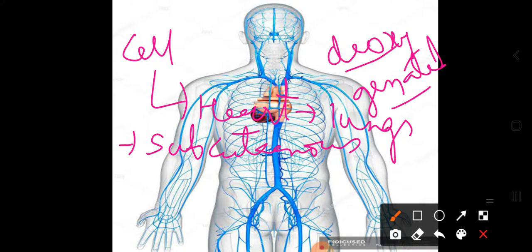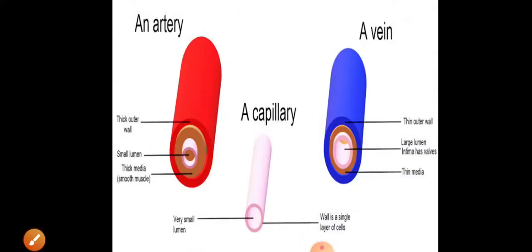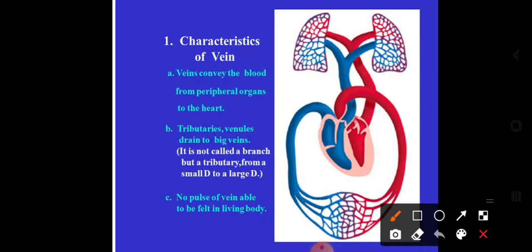This word deoxygenated indicates to us that these veins carry impure blood which is rich in carbon dioxide, due to which these veins are blue in color.